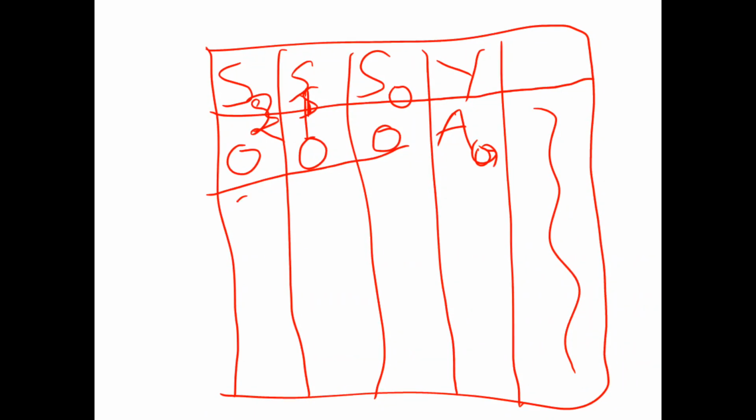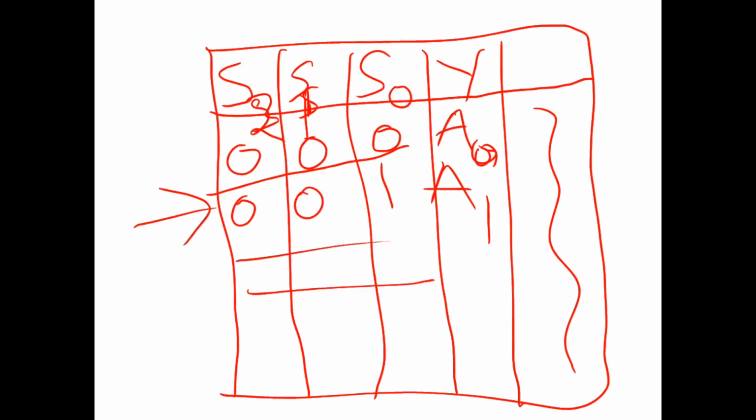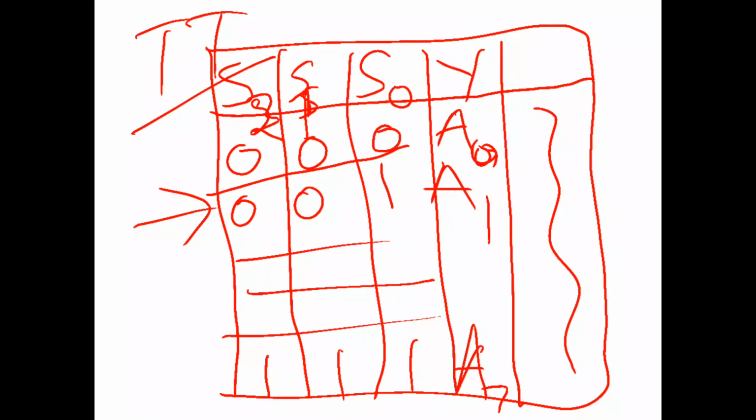If the 0, 0, 1 combination for the select lines is used, then we will have A1. Following this, the last combination will be 1, 1, 1, and it will result in A7. So this is the truth table of the 8 by 1 multiplexer.